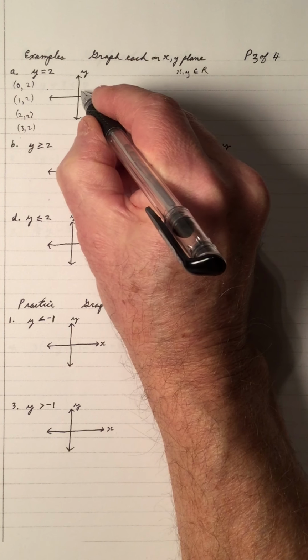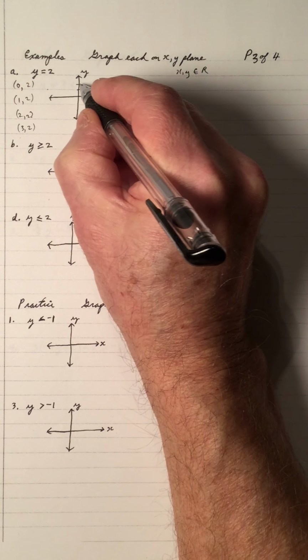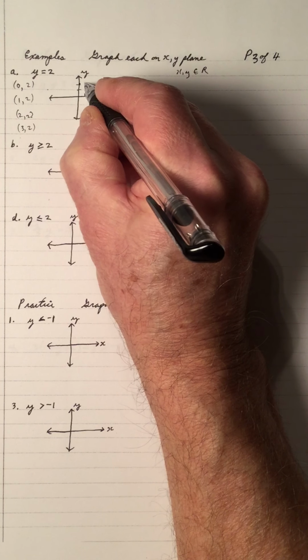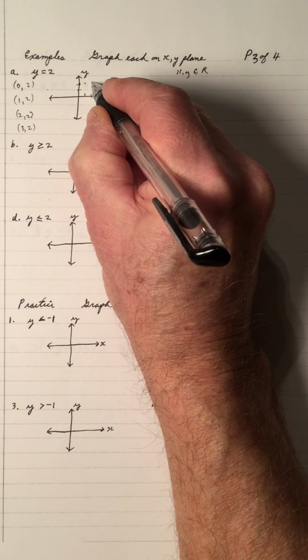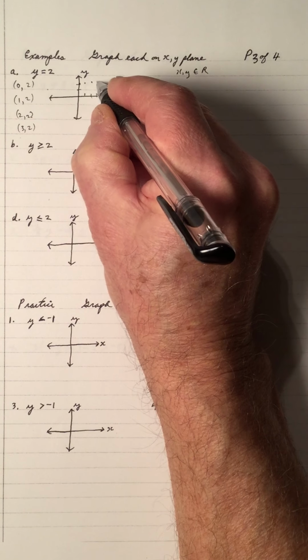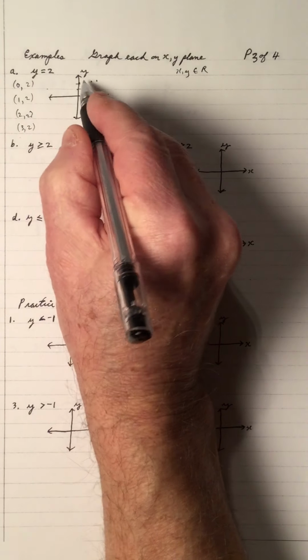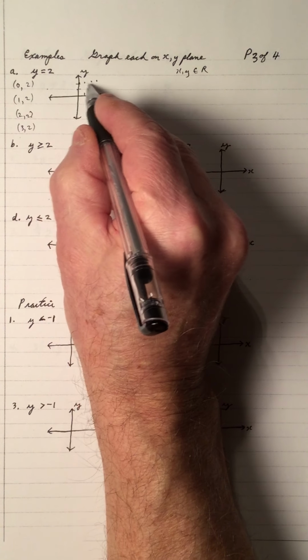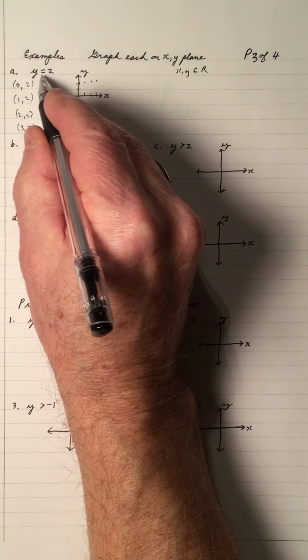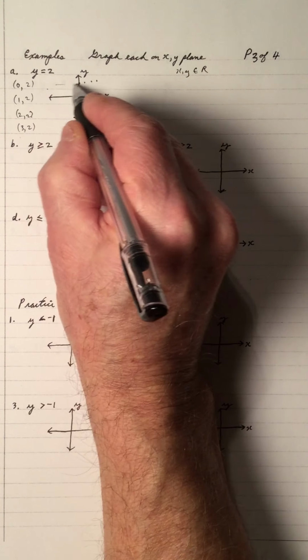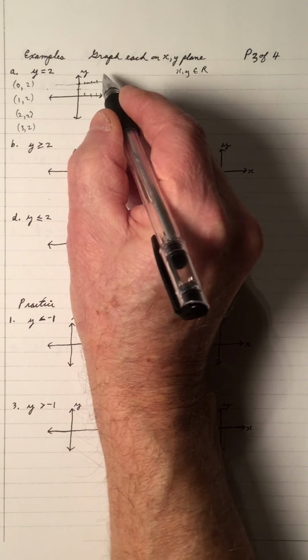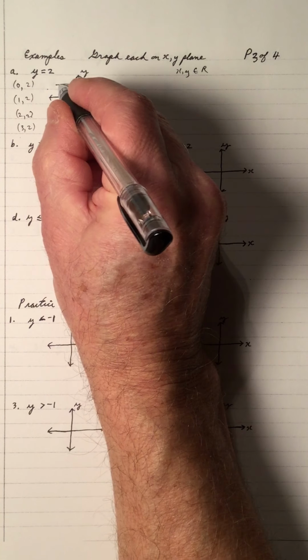If you plot those points, X is 0, Y is 2, X is 1, Y is 2, X is 2, Y is 2, X is 3, Y is 2. What do you have? Well, actually, because we're only using the dots to represent the boundary line, equal sign is the boundary line. This boundary line is passing through all these points, and we shade them in, and what do we notice?